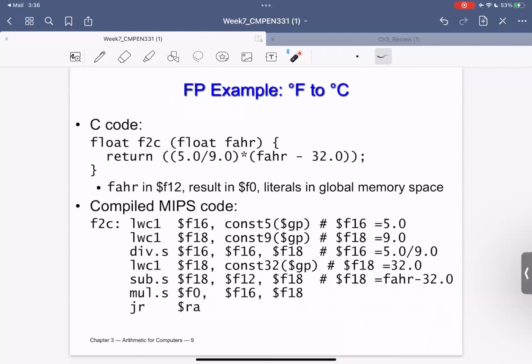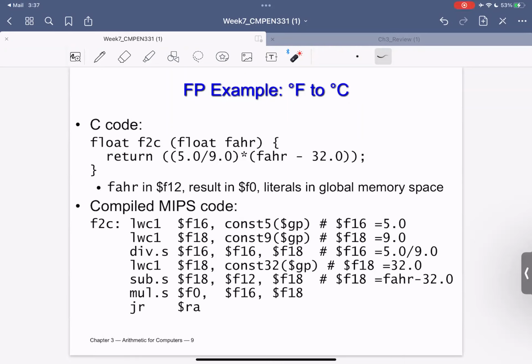Let's take an example in how to transfer a C code to floating point format. Suppose that we have this higher level code that we have defined as floating point with this name, and we would like to transfer basically between two types of degrees.